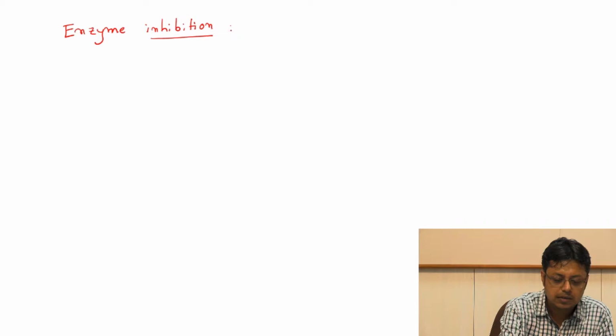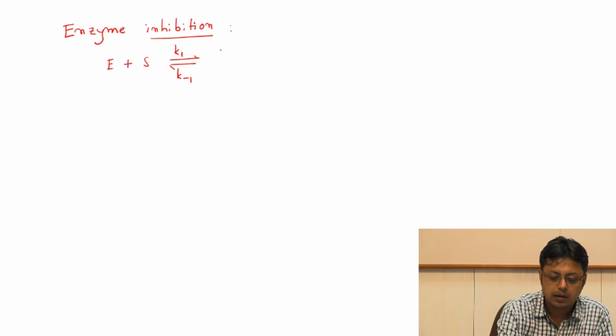You can write the equation as before with the enzyme and substrate. So you can write the rate equations like this, and then I have the enzyme substrate complex which forms the product.